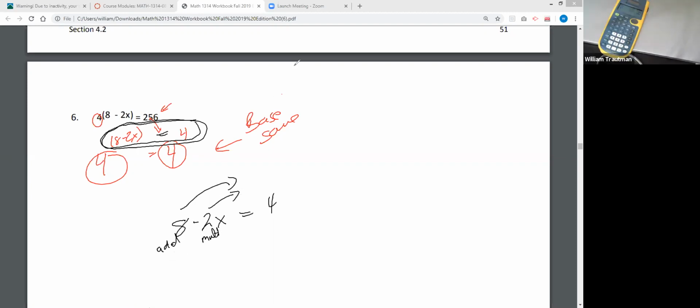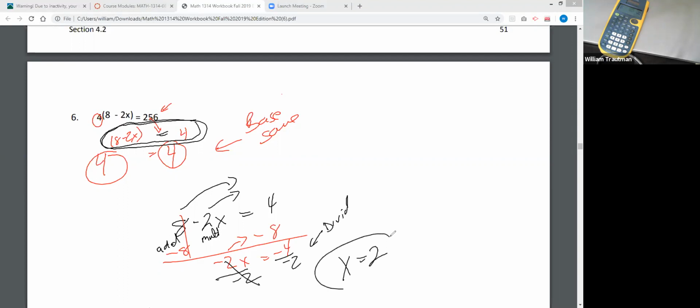So I'm going to subtract 8, and I get -2x equals 4 minus 8, which is -4. Then I have to take the -2 over. It's multiplying, so I'm going to divide by -2, divide by -2. And I get x equals -4 divided by -2, which is 2.